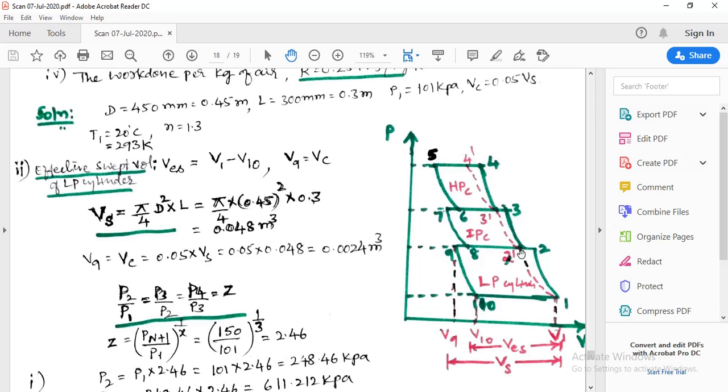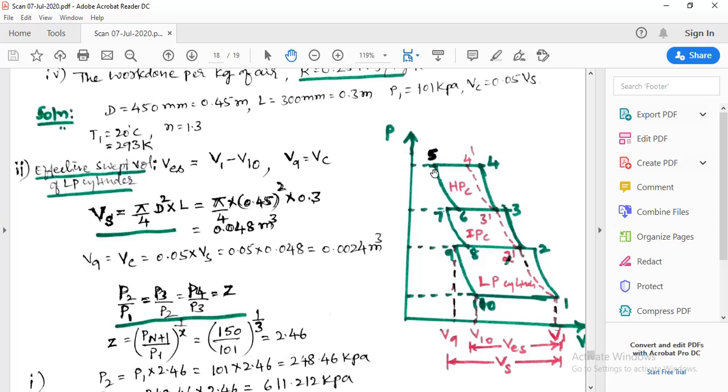That is T2 dash, which is nothing but T1. When the temperature is decreased in the second intercooler, its volume decreases. That is, the volume V3 minus V7 is reduced to V3 dash minus V7. This volume enters the third cylinder, that is the high pressure cylinder, where it is compressed to V4 minus V5. Then after that it enters the next intercooler and so on.